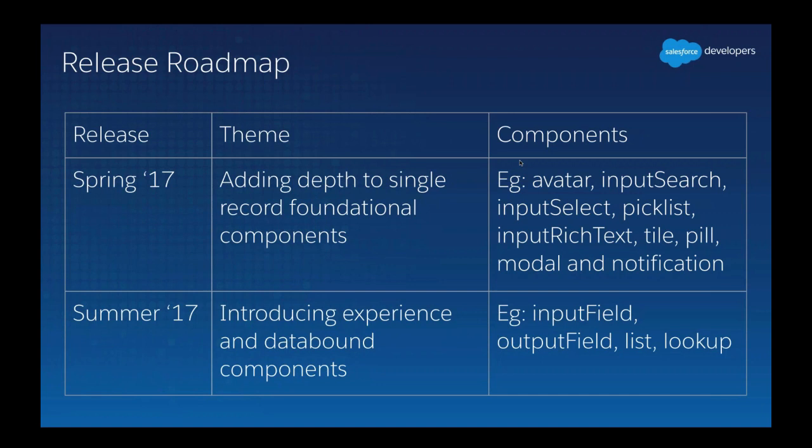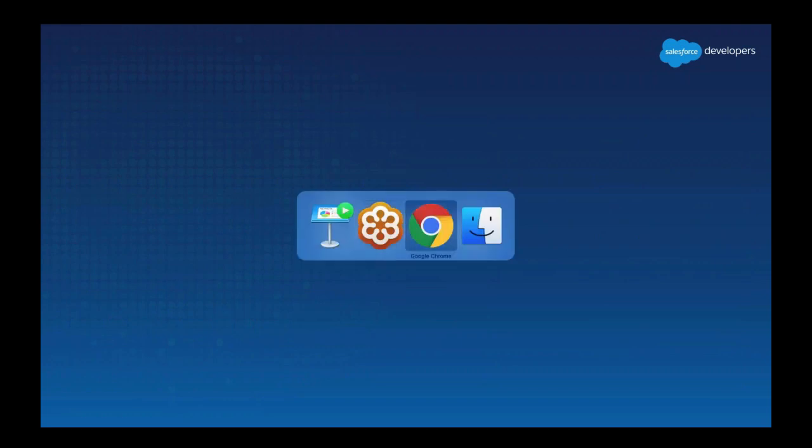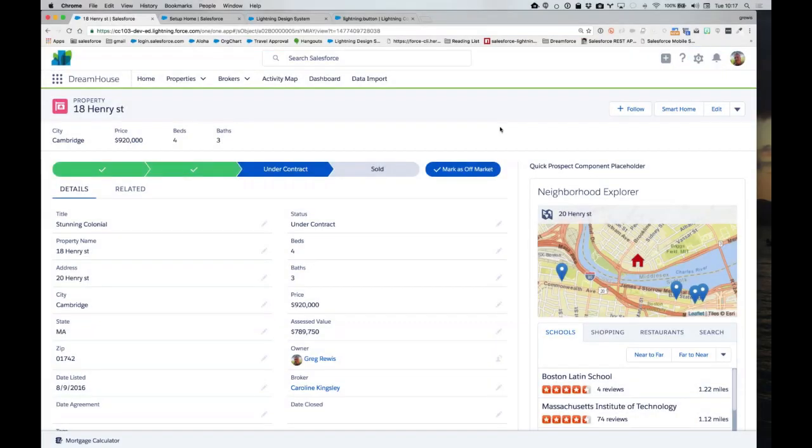Let's go have a look at what it means to build using the new base Lightning components. I'm going to switch over to my browser. Over here in my page, I've put a placeholder for a quick prospect component.